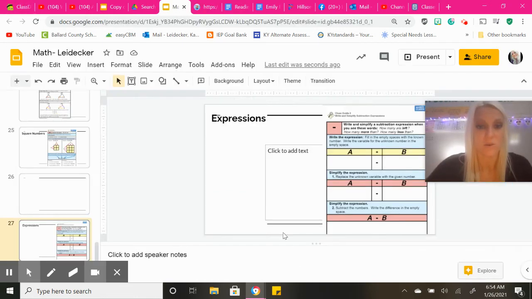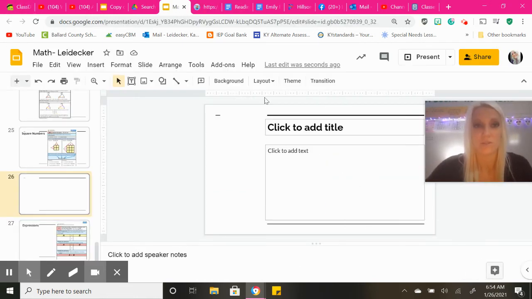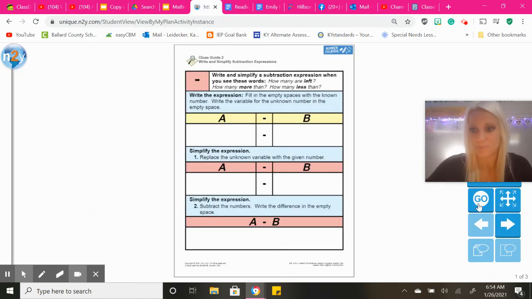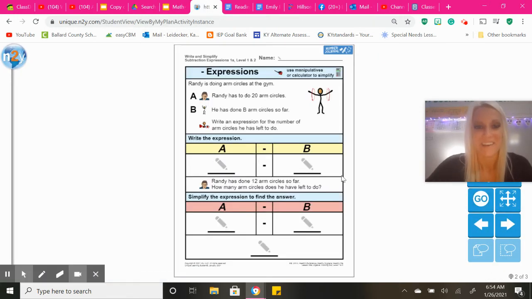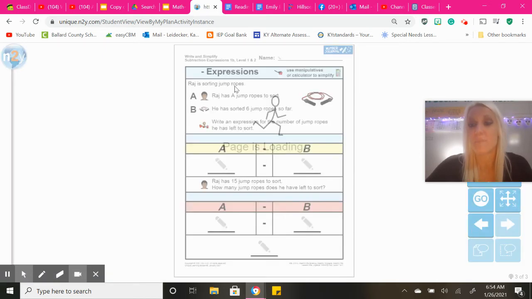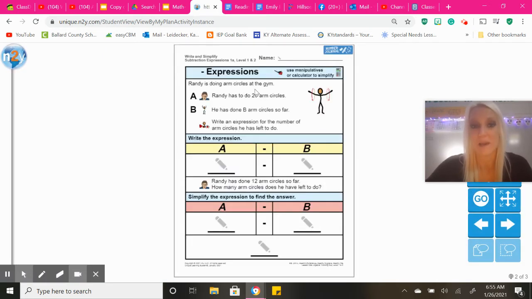So this is also on our Google Notes. I'm going to do the first one. You all do the second one, okay? When writing an expression, use manipulatives or a calculator to simplify or to help.